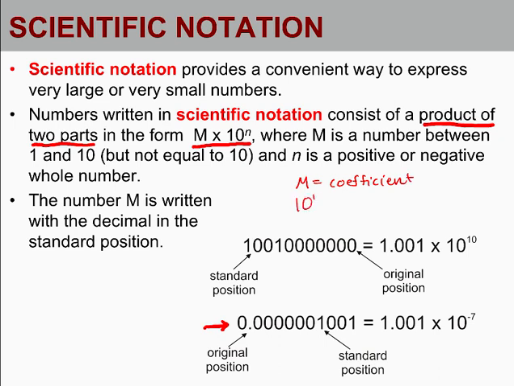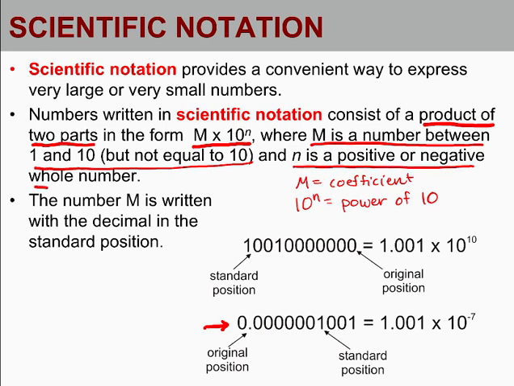And then 10 to the n is a power of 10. So m is going to be a number between 1 and 10, but not equal to 10. And then n is a positive or negative whole number.